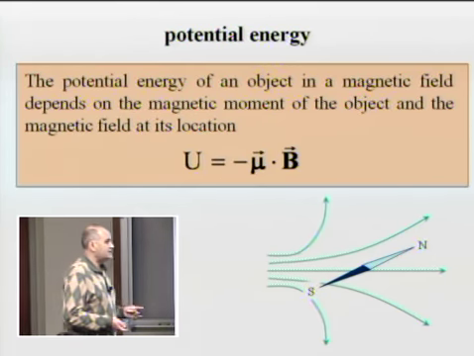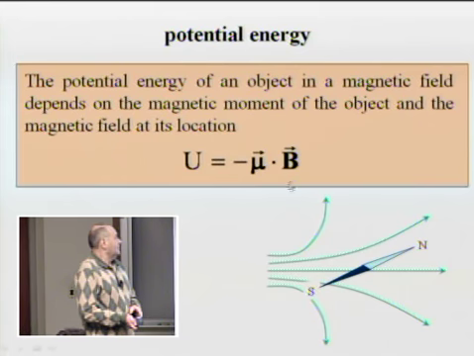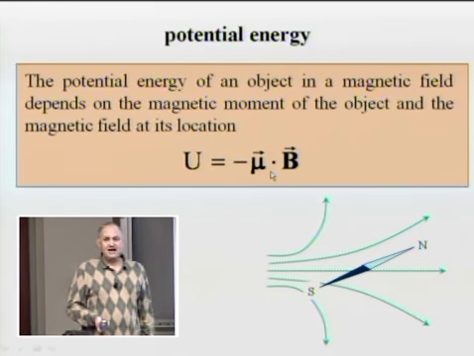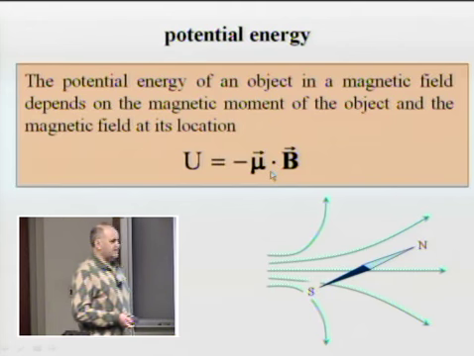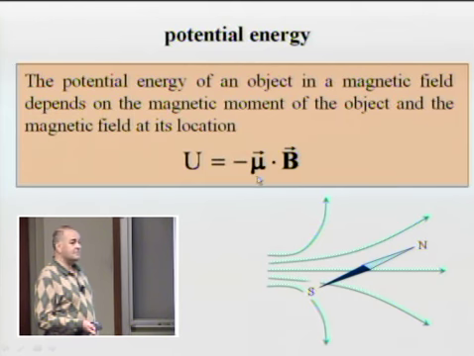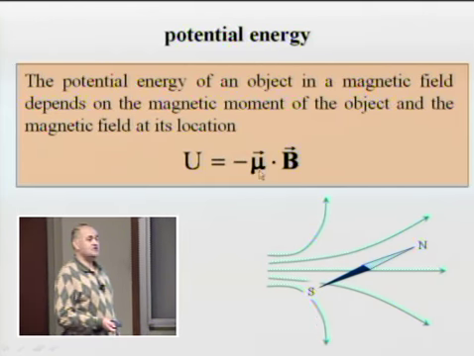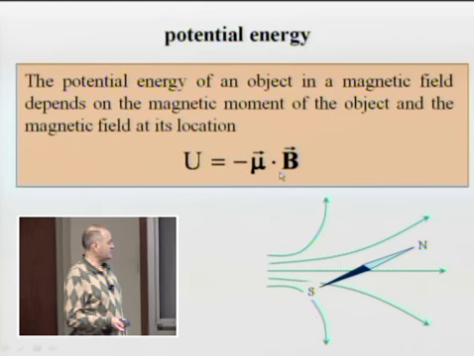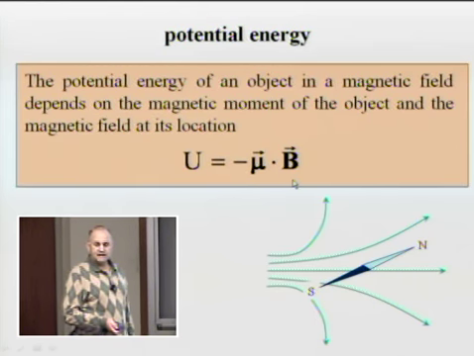All right. When will the product have the highest and when will it have the lowest value? Let's start with the highest value. When does the product have the highest value for a given magnitude of magnetic moment and given magnetic field strength?